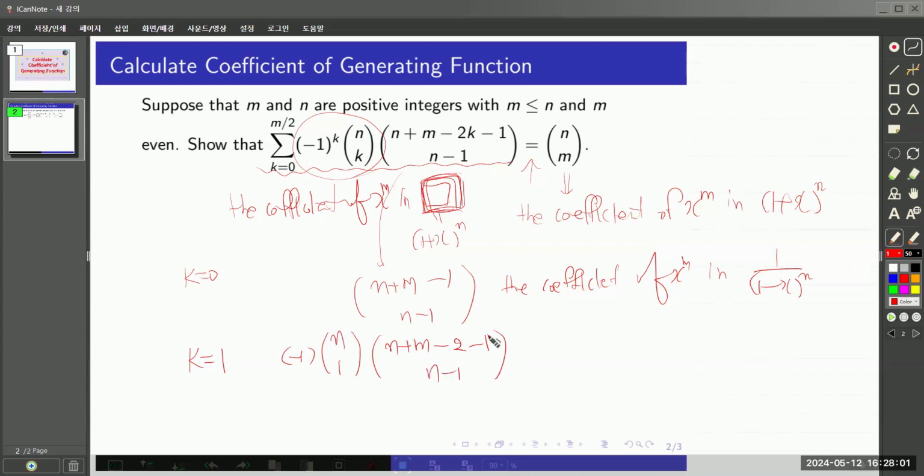So this is the coefficient of x to the m minus 2 in 1 over (1 minus x) to the n. So from here, we probably want to make x squared. Putting together, you can make the coefficient of x to the m.